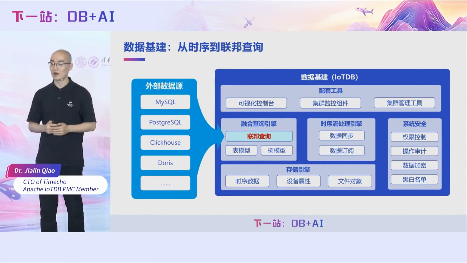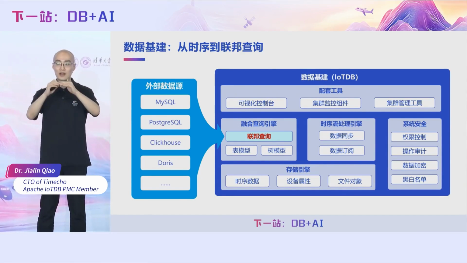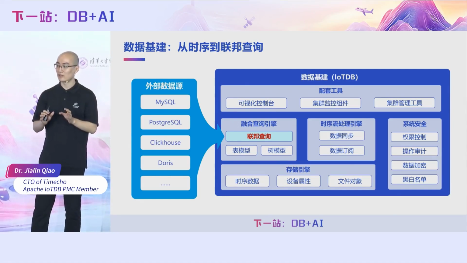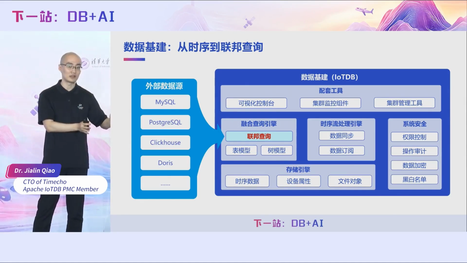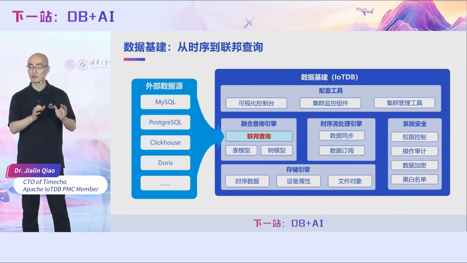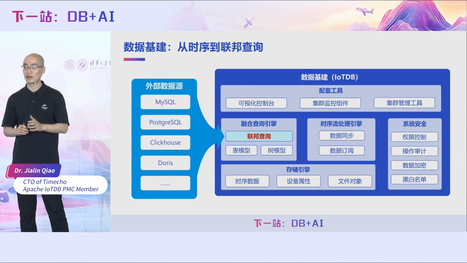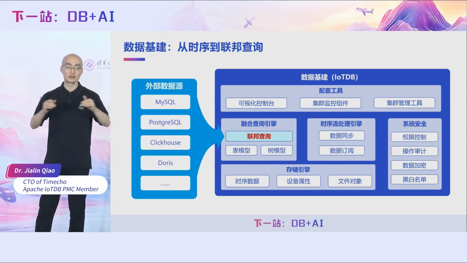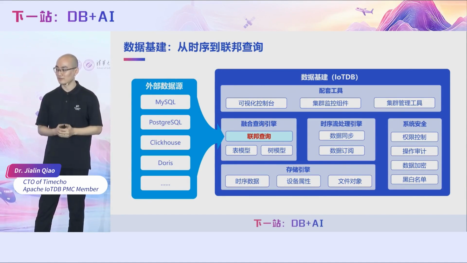Here, we've added a module to the integrated query engine on top of the table mode and schema. We've introduced a module called federated query. This module allows us to read data from external data sources or tables into this space. This way, we can associate and integrate these data with our time series and static data for analysis. We've also managed to extend and implement this using our table modeling capabilities.